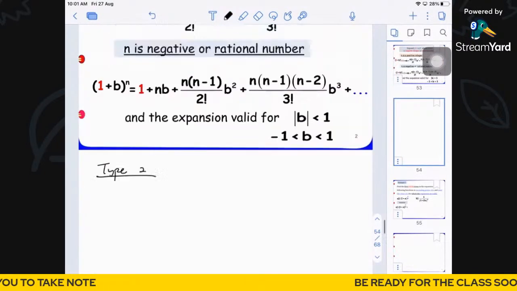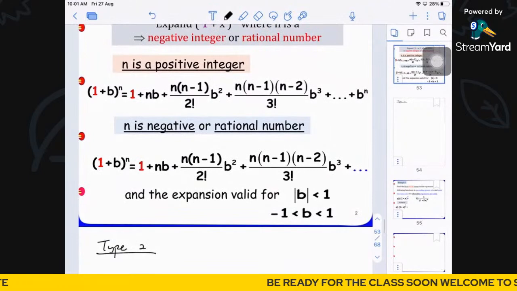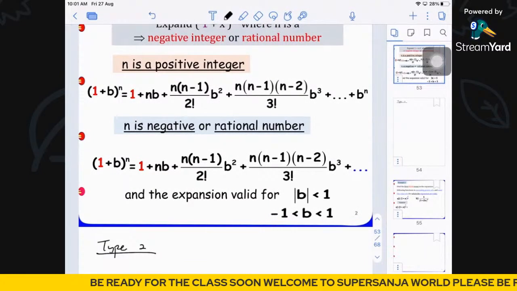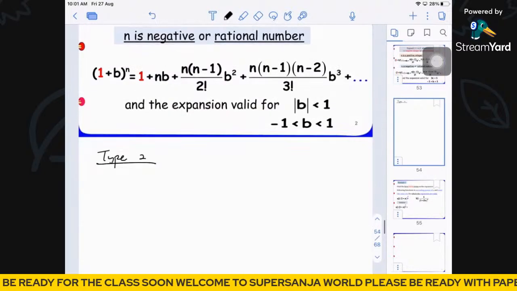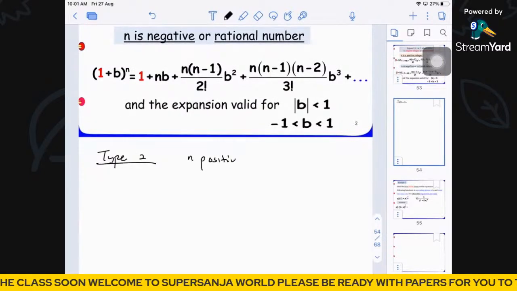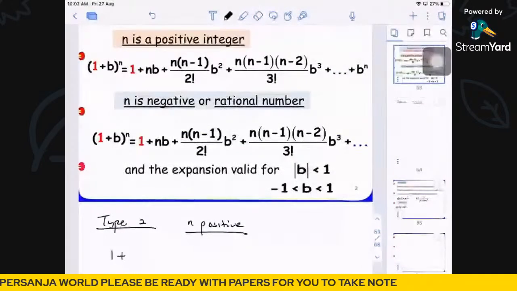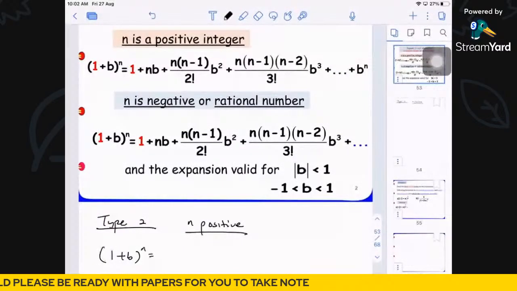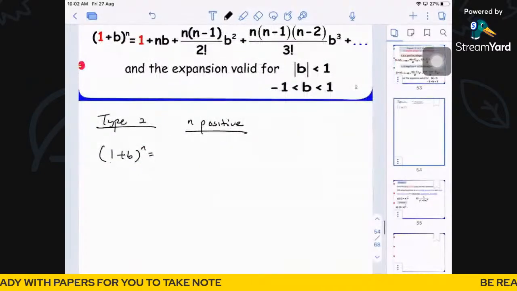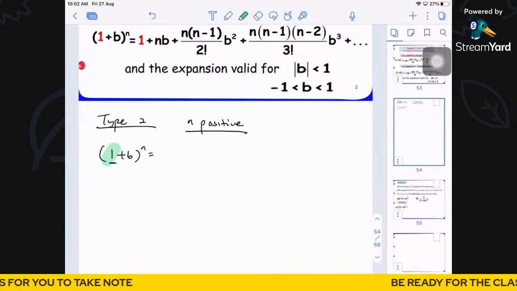Now under type 2 here, we are not going to use the NCR expansion anymore, but the formula comes from there. If n is positive, I also can still use this formula. The formula is a very simple formula. If 1 plus b power of n, in front here must always be 1. The green color highlighted part there must be 1.